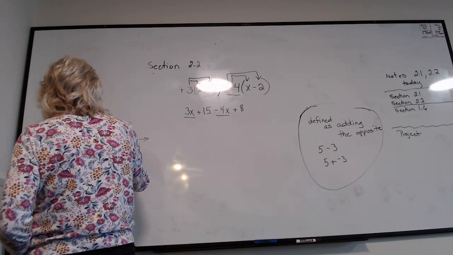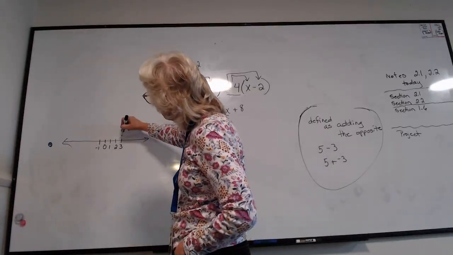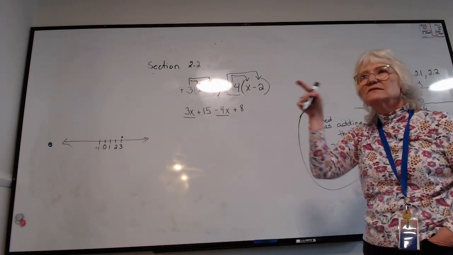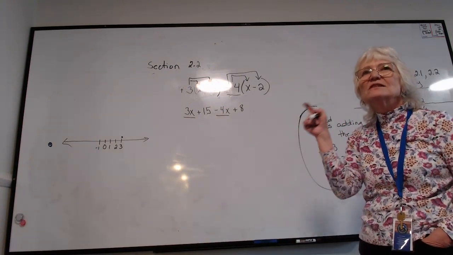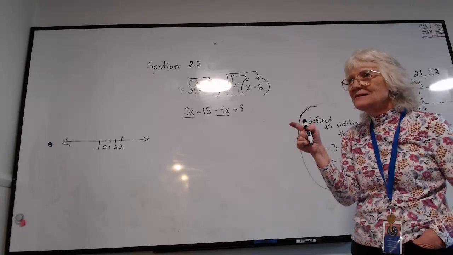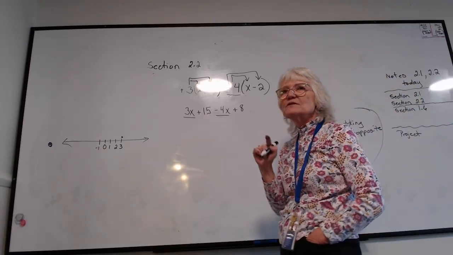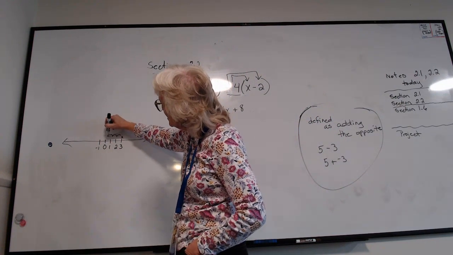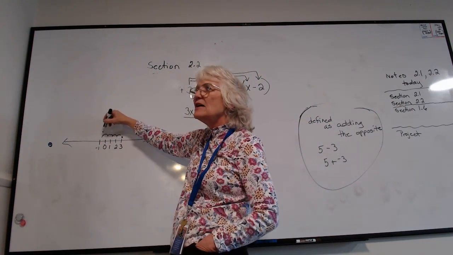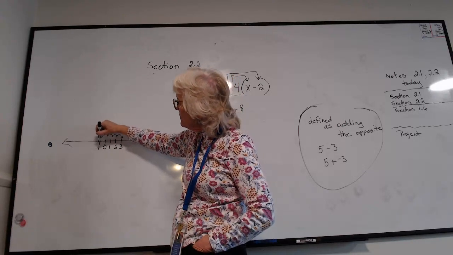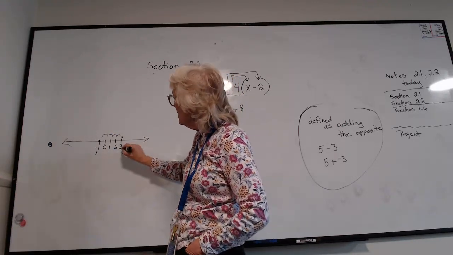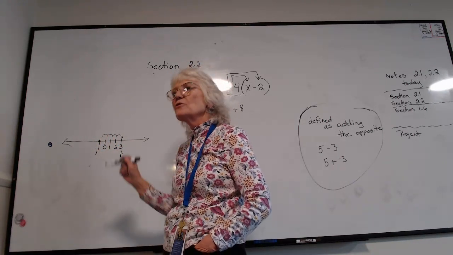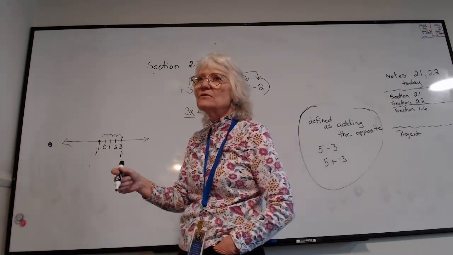If I start at 3, the negative sign says go to the left. That's what subtraction really is, go to the left on the number line. This is go to the left 4 spots. So if I go 1, 2, 3, 4 spots to the left, because it's a minus, I end up at negative 1.